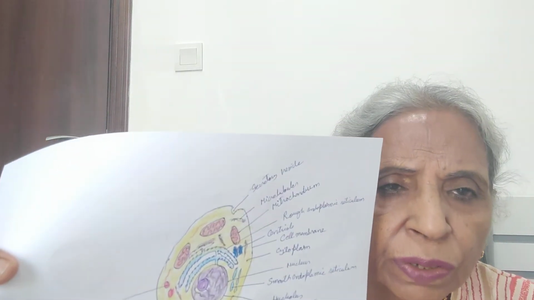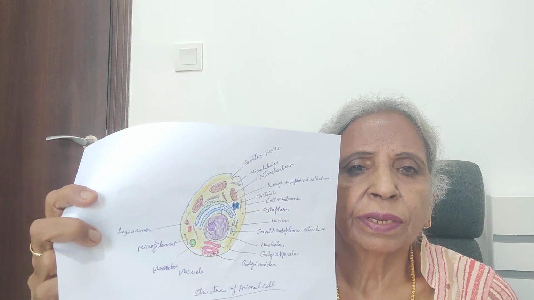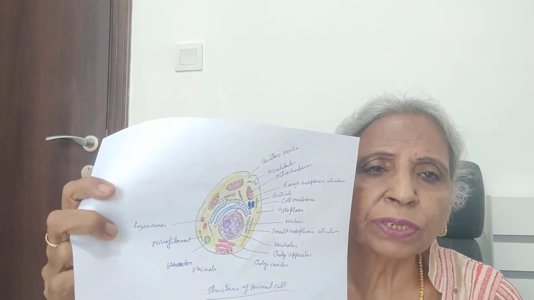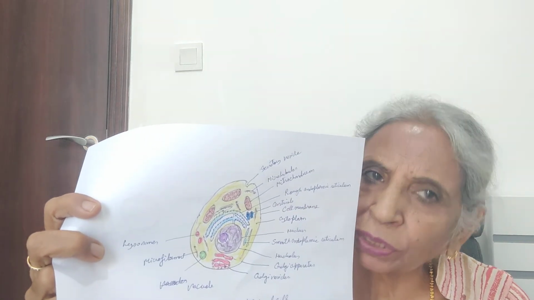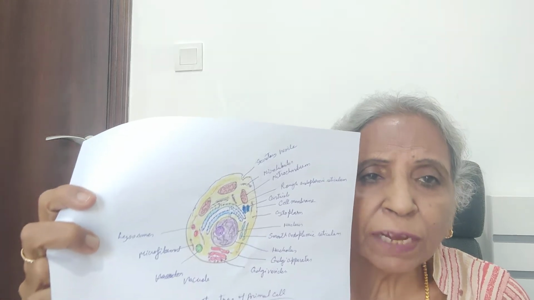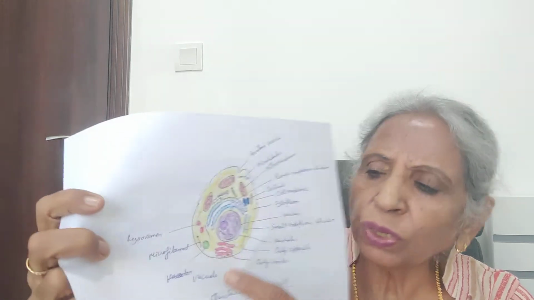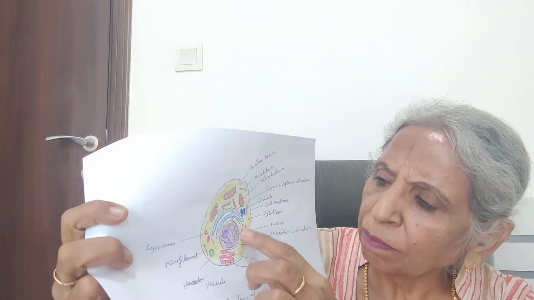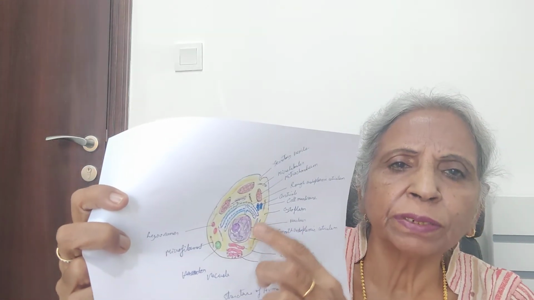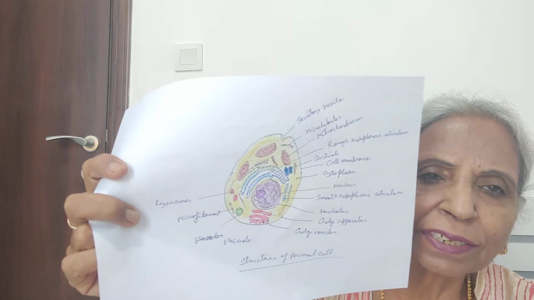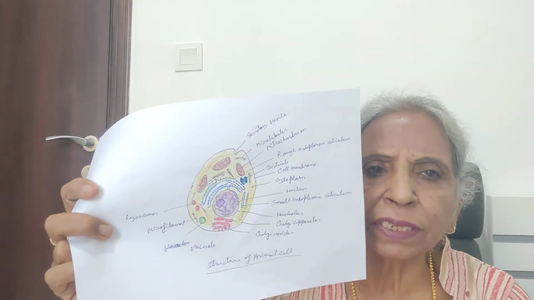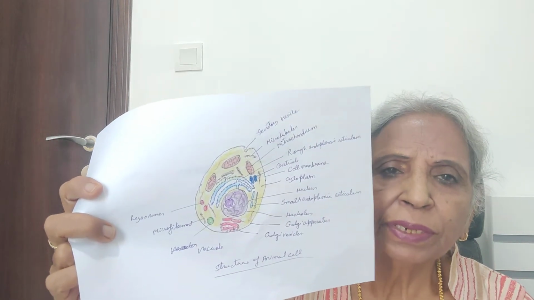The function of rough endoplasmic reticulum is to synthesize protein. Ribosomes are the site of synthesis. The smooth endoplasmic reticulum is smooth in surface. They are smaller in number and present near the rough endoplasmic reticulum.